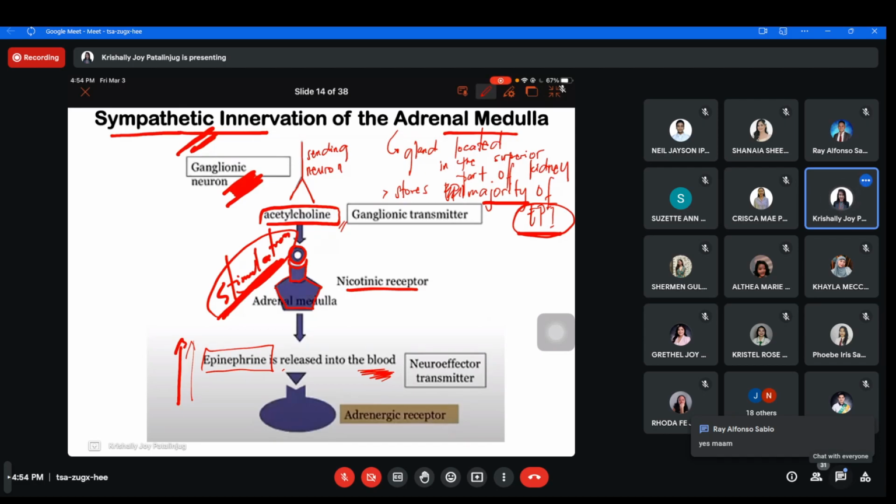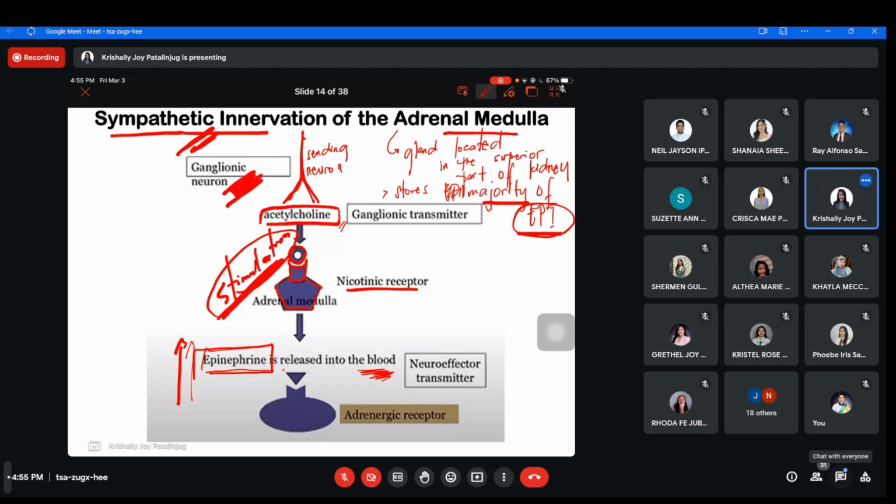Yung point dito is, with regards to adrenal medulla, hindi kailangan na dalawang neuron, isang ganglionic neuron lang yung kailangan, which is the preganglion. Ito, yung preganglion na nag-release ng acetylcholine. And then it will automatically bind to the nicotinic receptor found in the adrenal medulla. Then adrenal medulla will then be stimulated. Mara-release na yung epinephrine na sinustore niya. Okay? So that's for sympathetic innervation ng adrenal medulla.